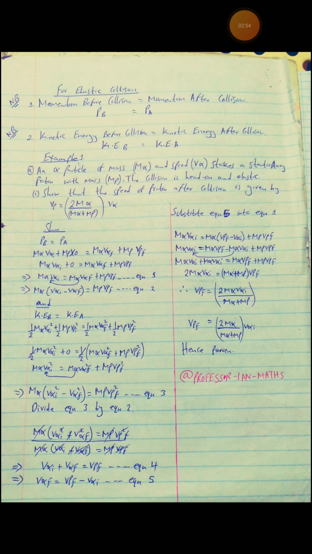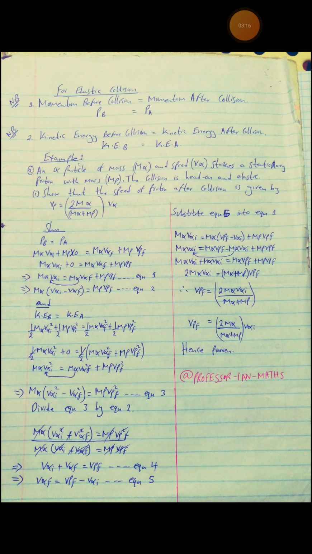Therefore, if you put the like terms together and factor out m alpha, we get m alpha (v alpha initial minus v alpha final) is equal to mp vp final. Now that becomes our equation 2.